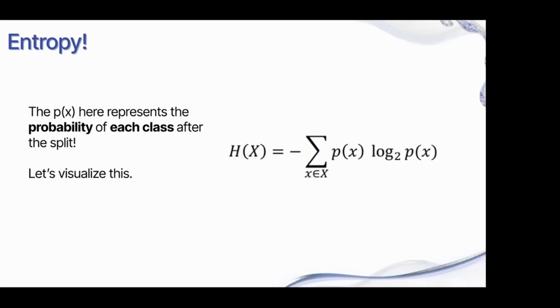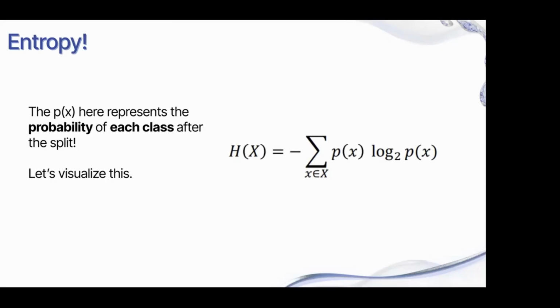What is going to be the value of this expression? P of x will be 1. Therefore, what is the entropy? If the probability is 1 and you take the logarithm, yep, 0.